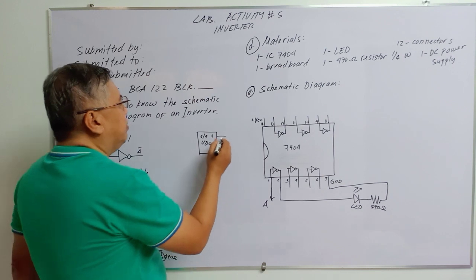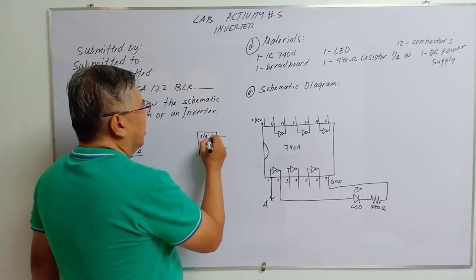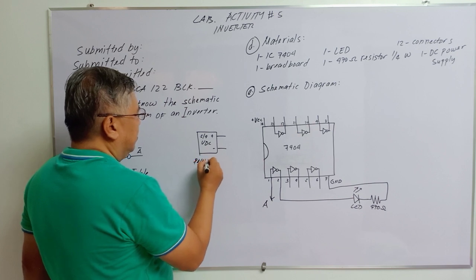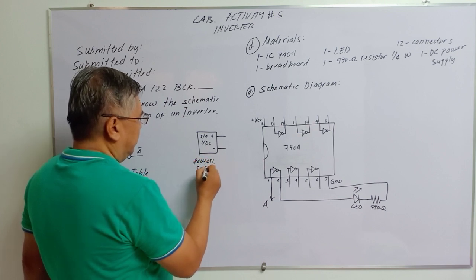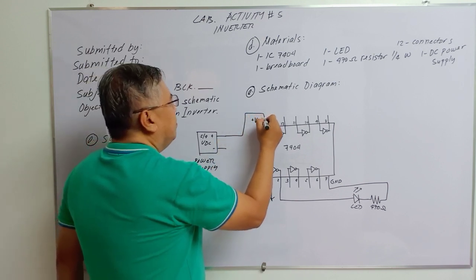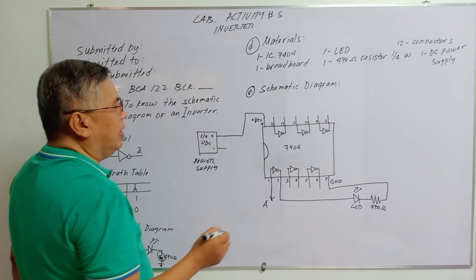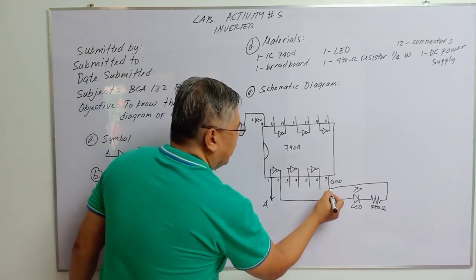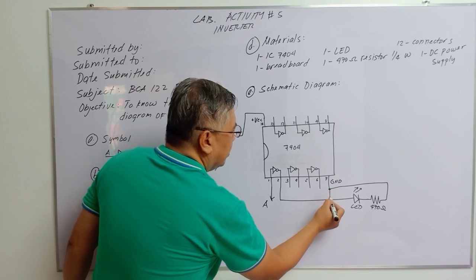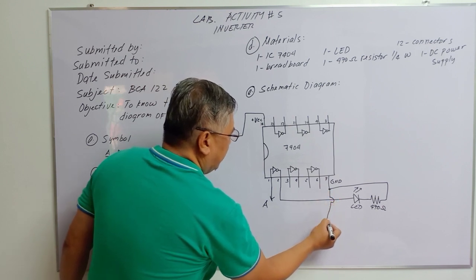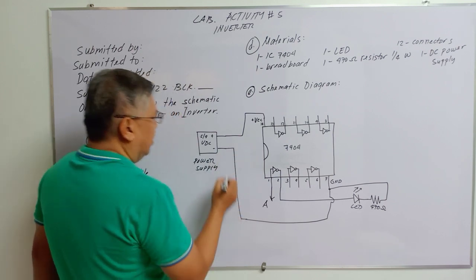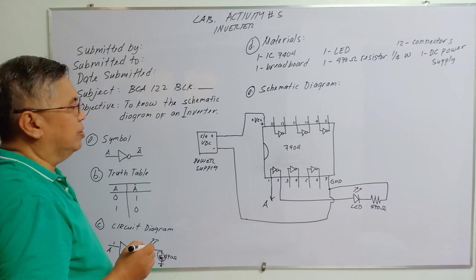The positive side of your power supply should be connected here in your VCC. And the ground here, which is pin number 7, should be connected to the negative side of your power supply.